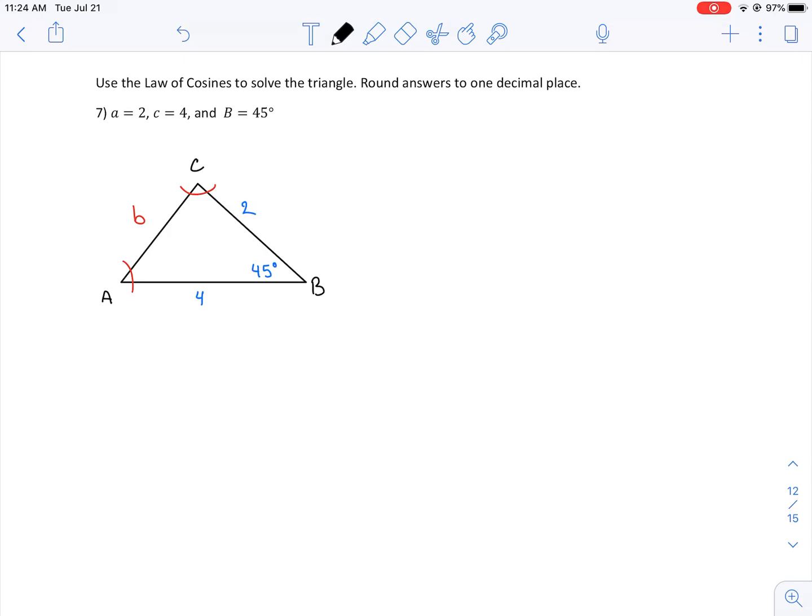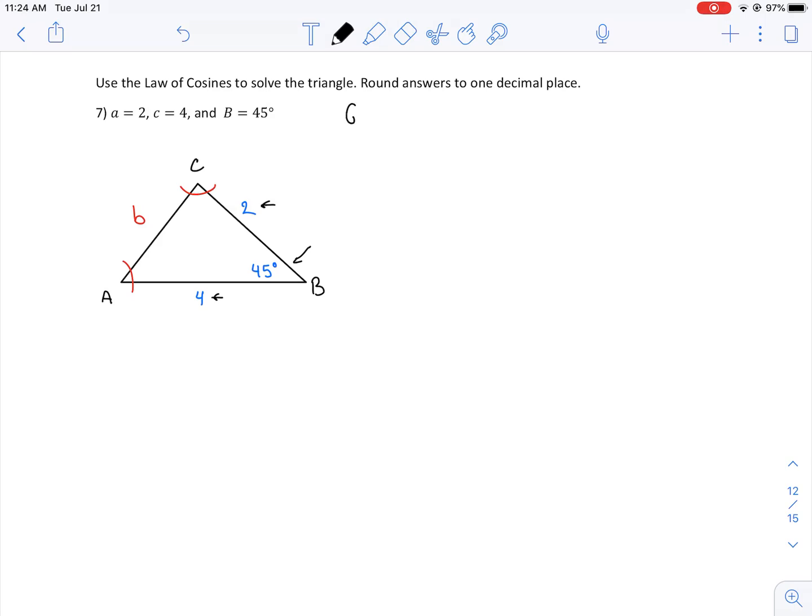And before we begin, let's determine which geometric property of triangles is displayed here. So it looks like we are given a side, another consecutive side, and the included angle, or the angle between the two sides.